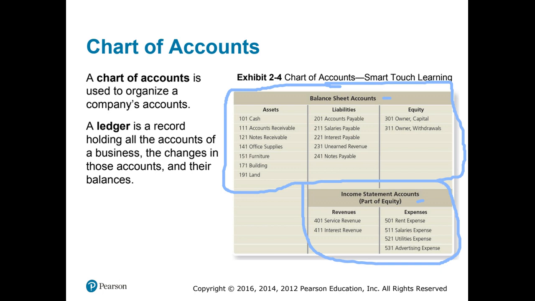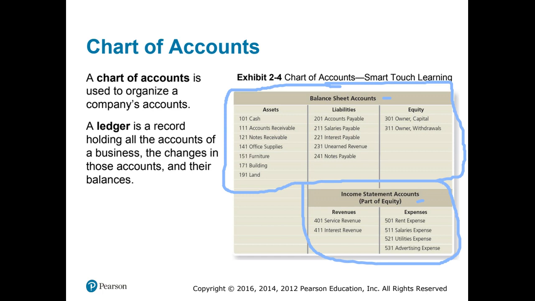And then there is something else about these numbers and accounts as well. I know I mentioned it last week, and we mentioned a lot last week. With assets, the first account listed is cash, and then the second account listed is accounts receivable. And we have 101, 111, 121.